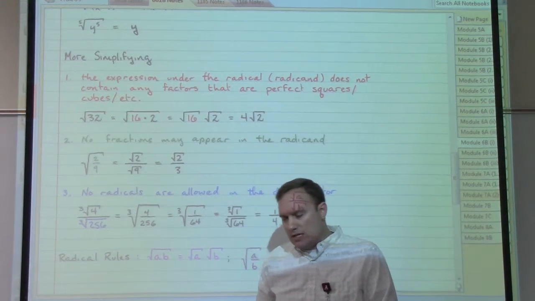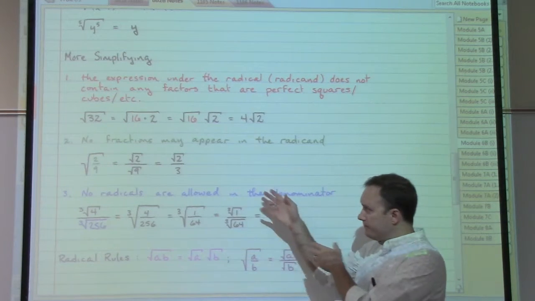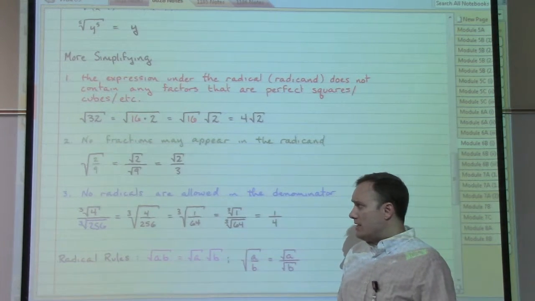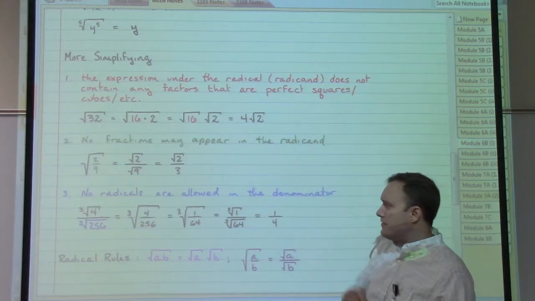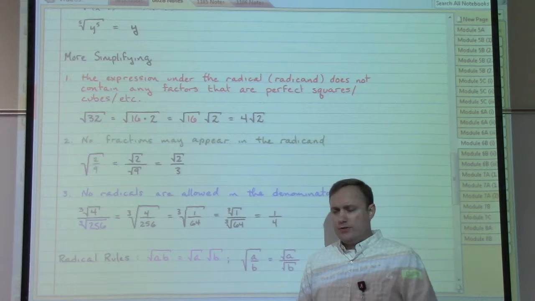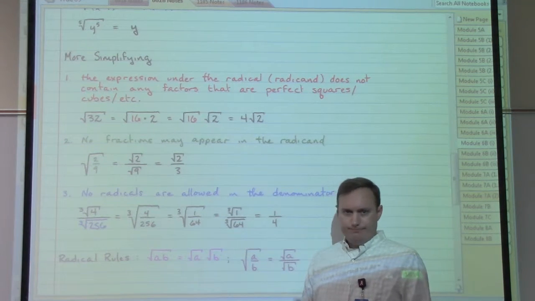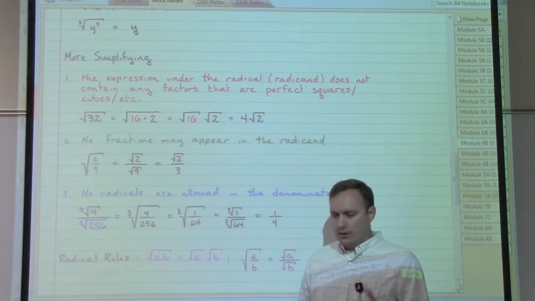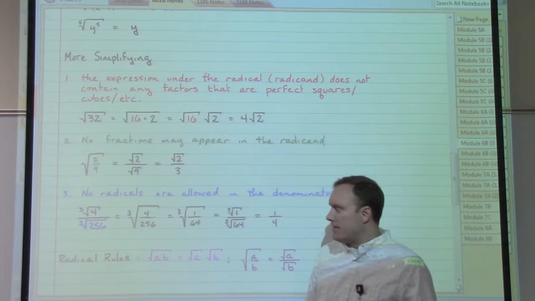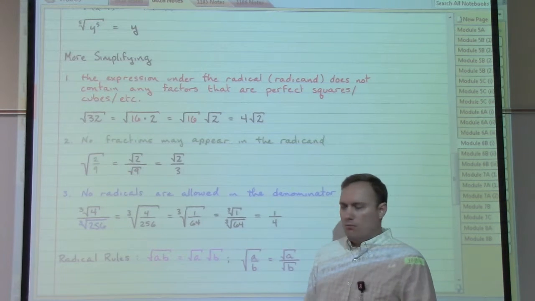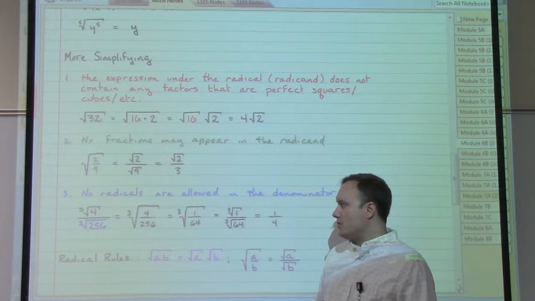And then, like we've seen in the past, we have special issues sometimes with fractions, and that goes with rule number 2 and rule number 3 that are mentioned here. As far as fractions and square roots, we are not allowed to have fractions underneath square roots as a final answer, or at least for right now, we're going to say that. As we become more familiar with algebra, we can be a little bit more relaxed about that sort of thing.